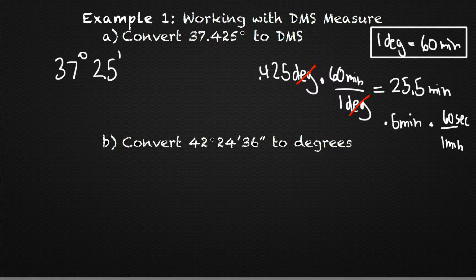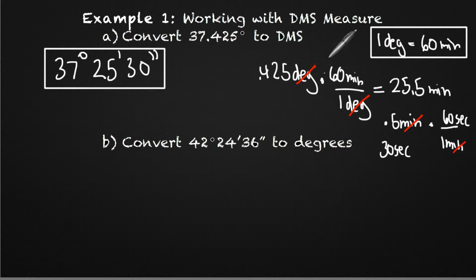So once again, we have the minutes that cancel out. 60 times 0.5 is 30 seconds. We denote seconds using 2 apostrophes, and there's your final answer: 37 degrees, 25 minutes, and 30 seconds.